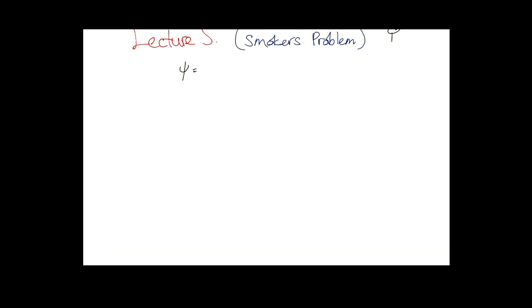My stream function is going to be equal to psi s, which is for my source or for my smokers, plus psi e, which is for the extraction fan, plus psi s I, which is for the image of my source or my smokers, plus psi e I, which is the image for my extraction fan.